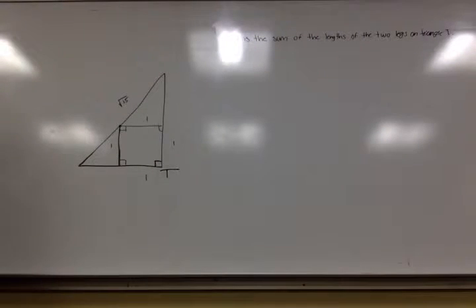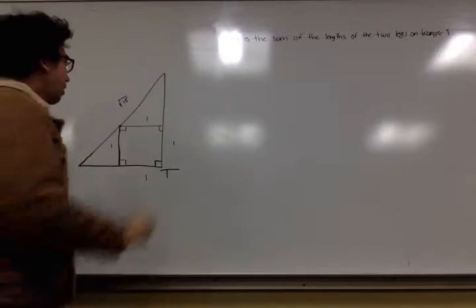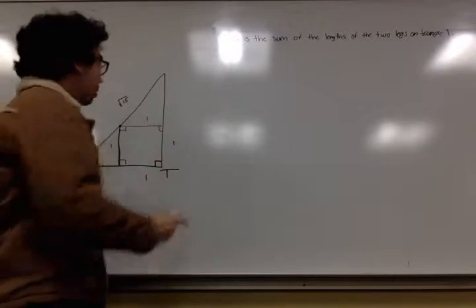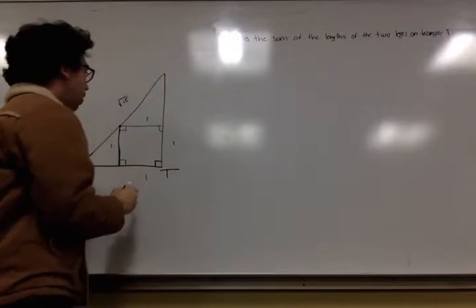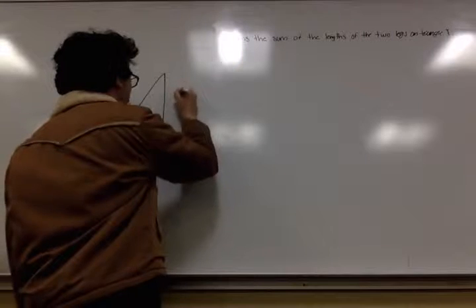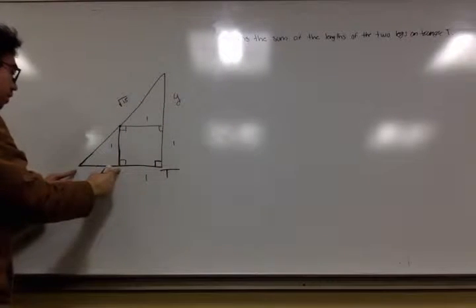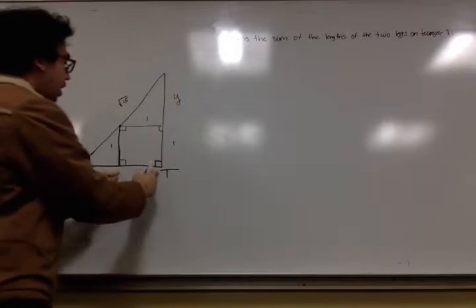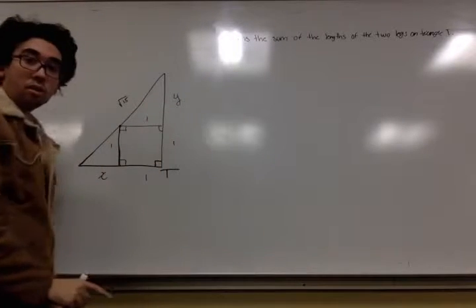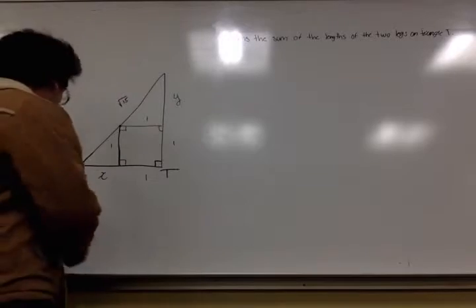Cool. So, let's look at this diagram here. I like it, but there are some unknown lengths. So I'm going to fill them in. I'm going to call this one Y and this one X. So this is the part of the leg of the triangle that is not accounted for in this 1 meter. All right? So now what do we need to know?